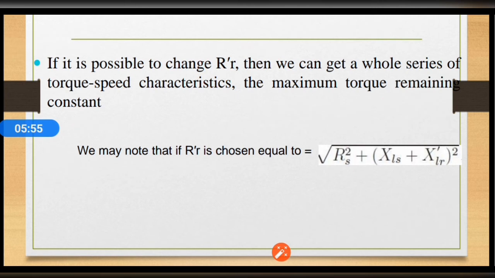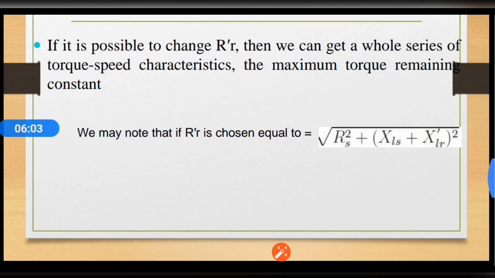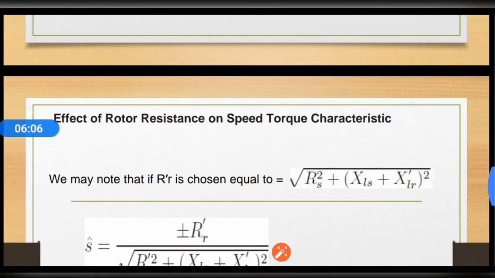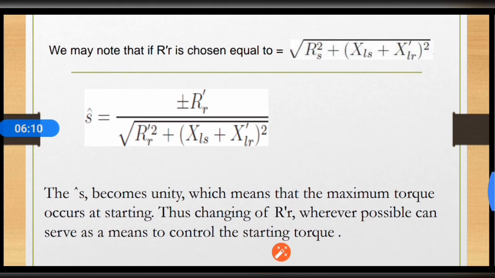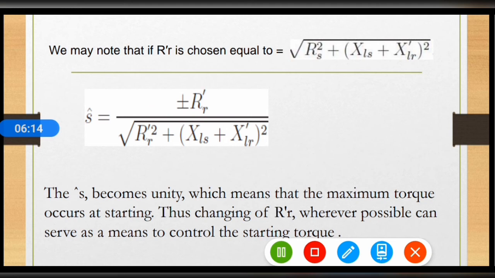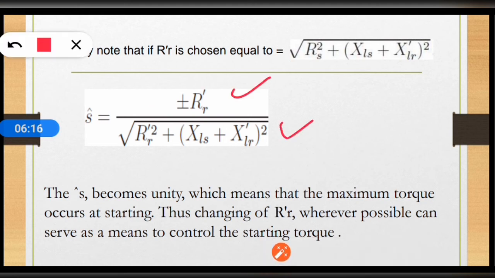If Rr dash is chosen equal to the square root of R square plus (Xls plus Xlr dash) square, then the expression for the slip becomes unity, meaning the numerator and denominator cancel and s becomes equal to 1.